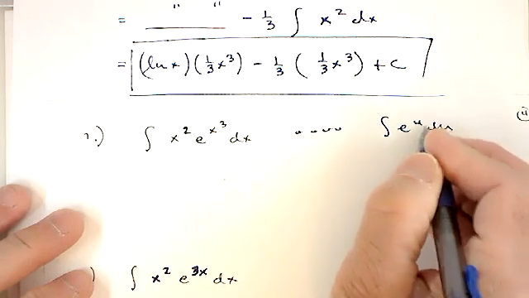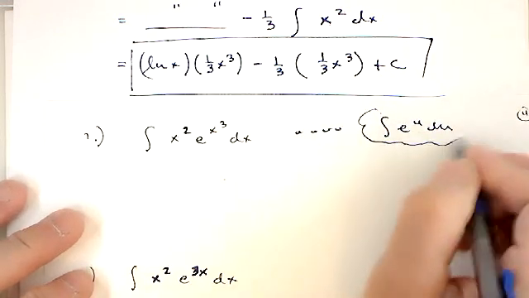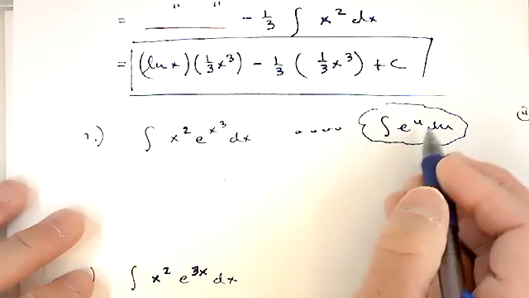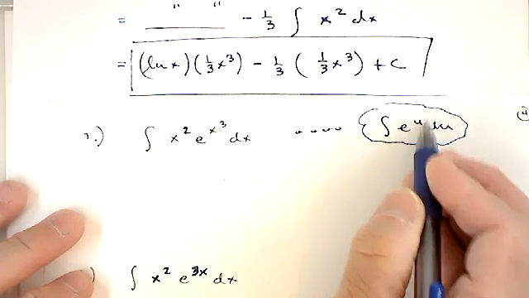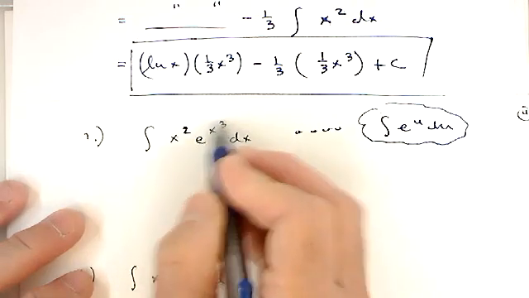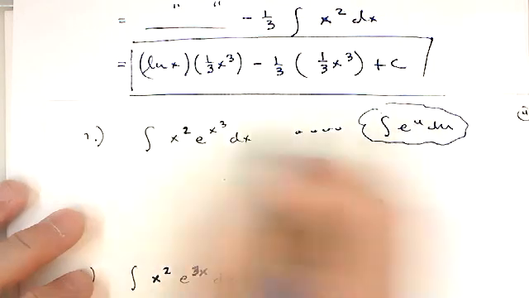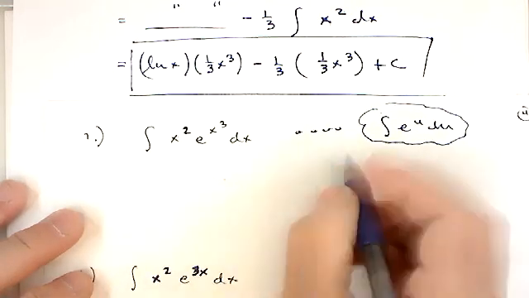Because we know that antiderivative. What's nice about integrals with e in it is that if you're going to try u sub, there's pretty much just one option for your u, and that would be the exponent. If you're going to go for e to the u, you would want that to be your u.